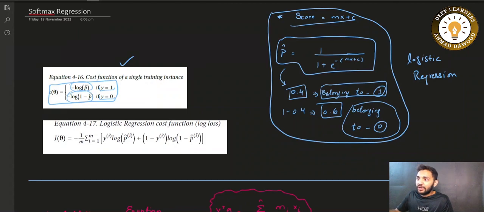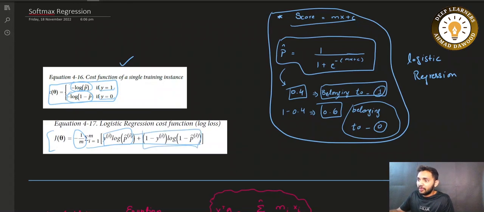And for the cost function of the whole data set with m samples, it adds all the costs from i equal to 1 up to m, all the differences between the probabilities and the actual values. So it has a structure like this.